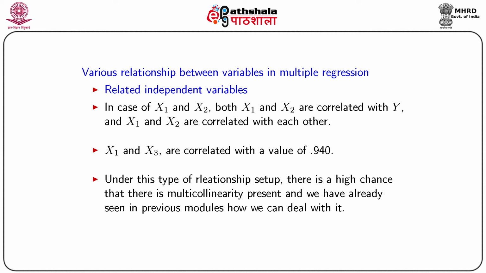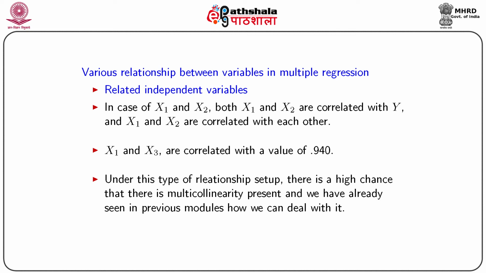And between themselves, the independent variables x1 and x3 are correlated with the value of 0.940, which is an extremely high positive correlation. So under this type of relationship, there is a high chance that multicollinearity is present, and we have already seen in some previous modules how we can deal with this.